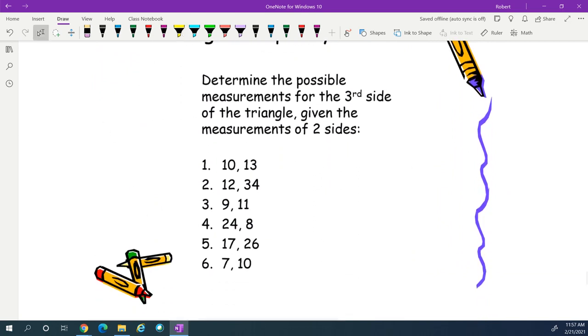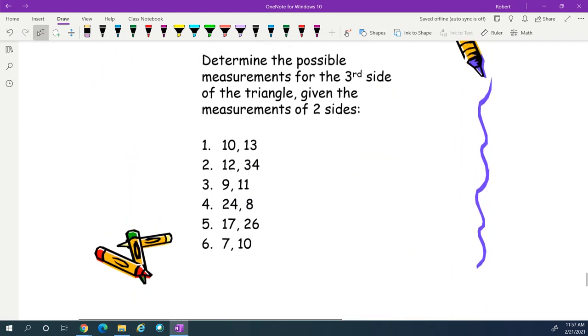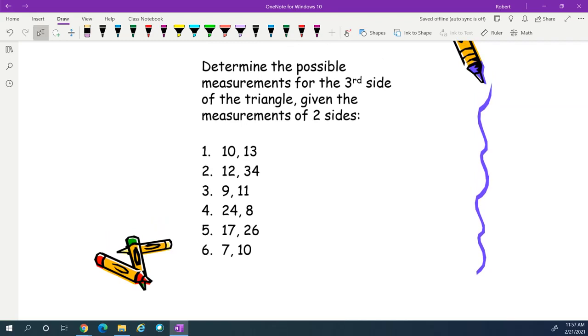We want to determine the possible measurements for that third side, given the two sides. So again, what we're going to do is subtract and add. When we subtract, we get 3. When we add, we get 23.